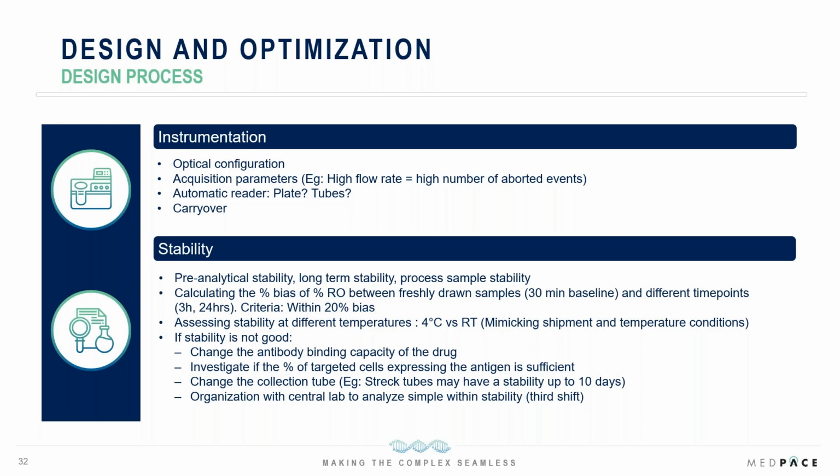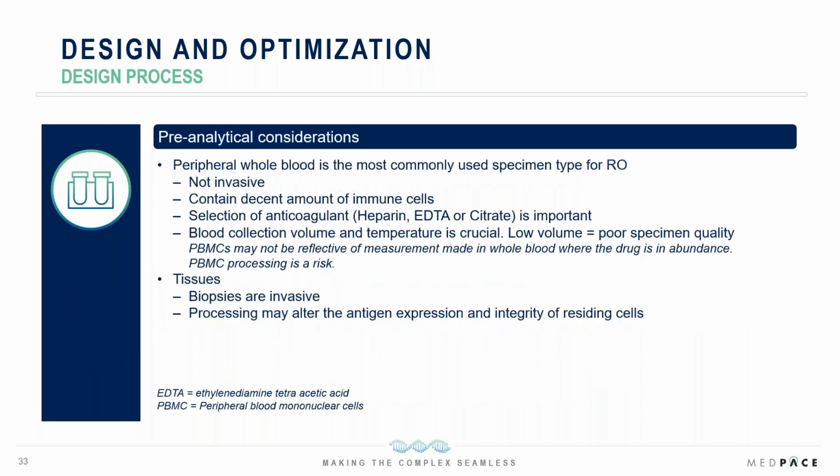So this is something that you need to consider. Regarding the carryover, this is always an experiment that we include at Medpace in our validation plan. It's an important parameter that we need to consider, just to avoid carryover from high samples to low samples. So we can go to the next slide.